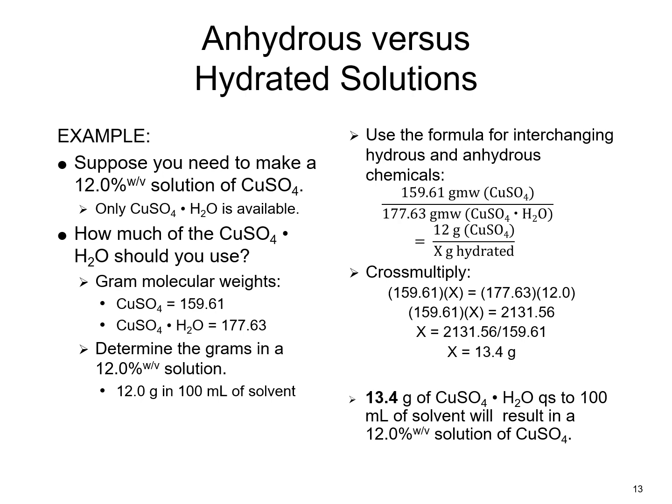And then we work out that math, and we come to a final conclusion of 13.4 grams of copper sulfate is what we would place into our mixing container and add water to reach that 100 ml volume. And that's going to give us a 12% weight per volume solution of copper sulfate.